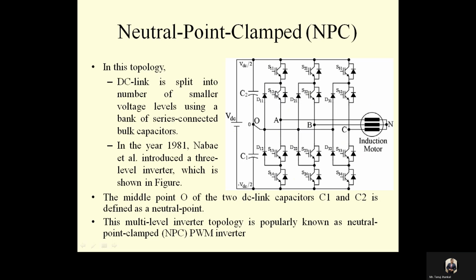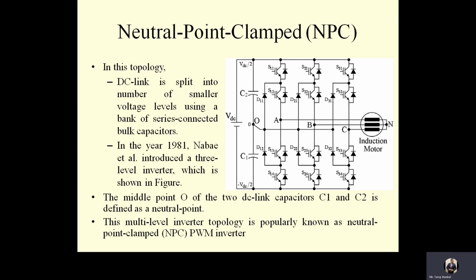Similarly, S12 and S14 are complementary in nature, which means when S12 is on, S14 will be off, and when S14 is closed, S12 will be opened. So S12 and S14 will never operate at the same time.